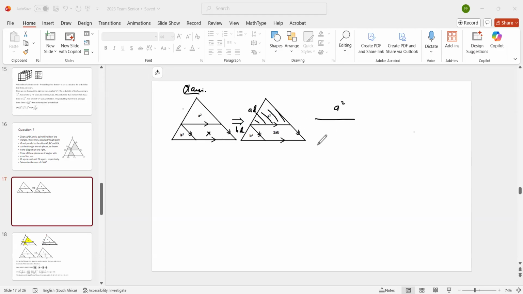Let's call it X. So this area over the area of the entire triangle, the area of this parallelogram is X, is the same as the ratios of the sides squared.